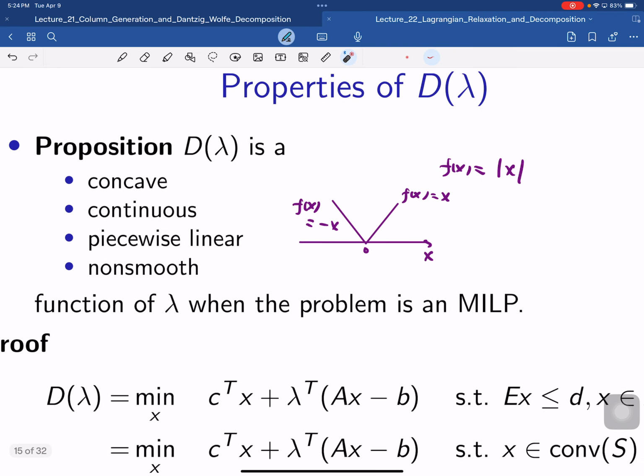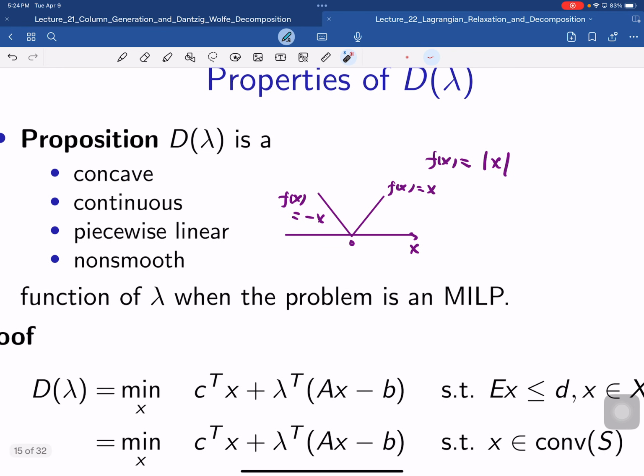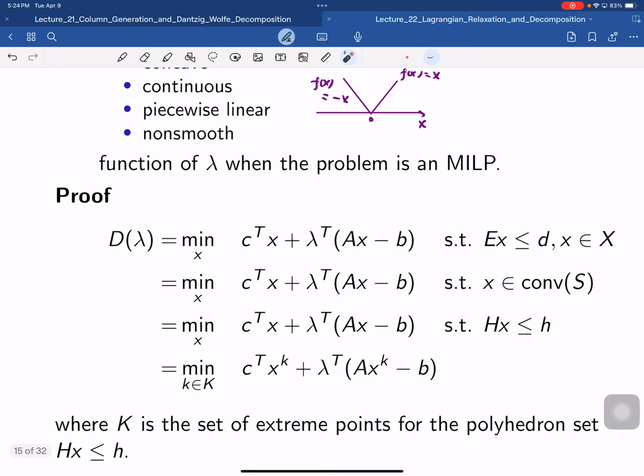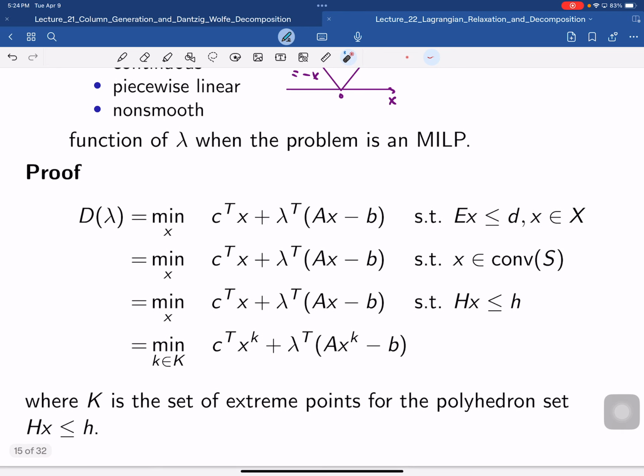Okay. So how do we prove that d lambda has those properties? Here we have a quite straightforward proof. Essentially you can apply the so-called Meyer's theorem, right?